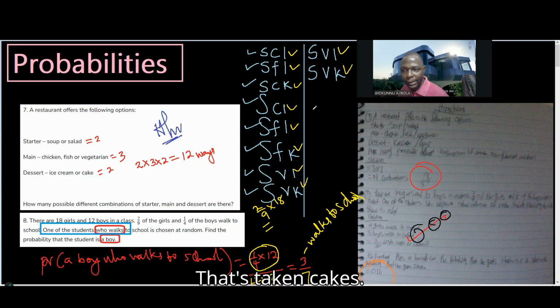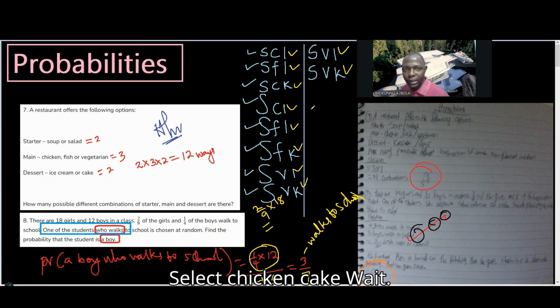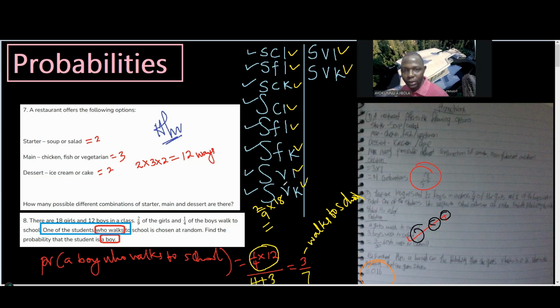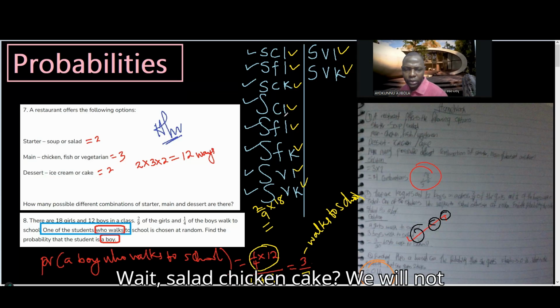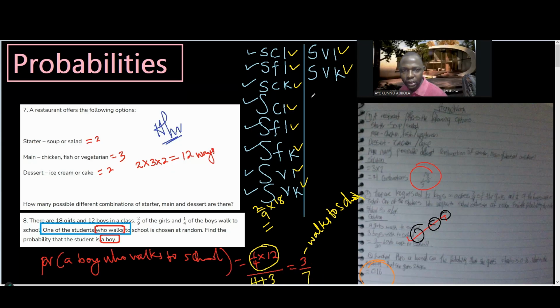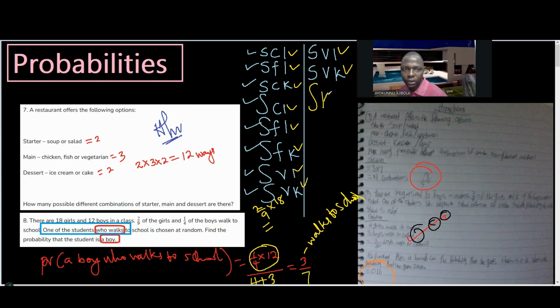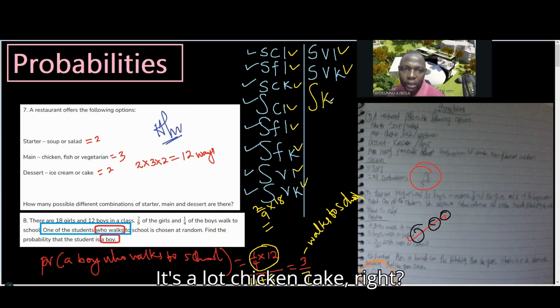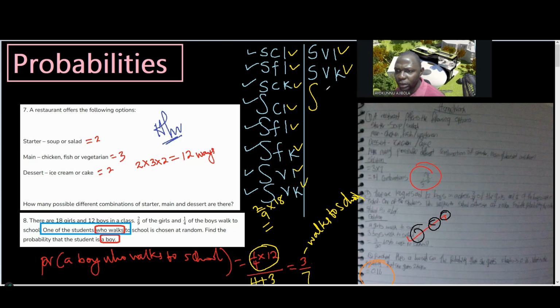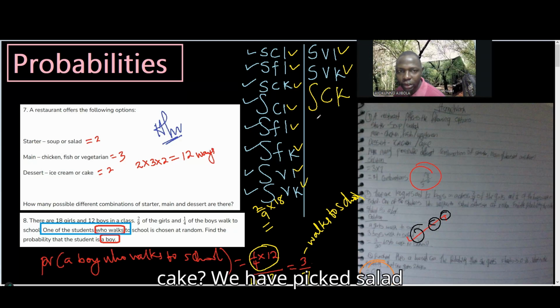Salad, chicken, cake. Where's salad, chicken, cake? We've not picked salad, chicken, cake, right? Yes. Salad, chicken, cake.